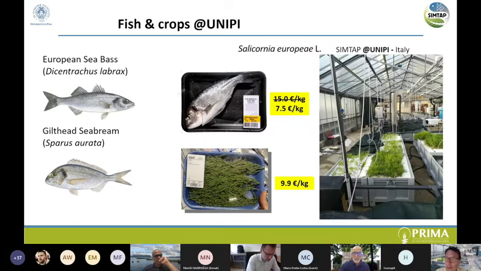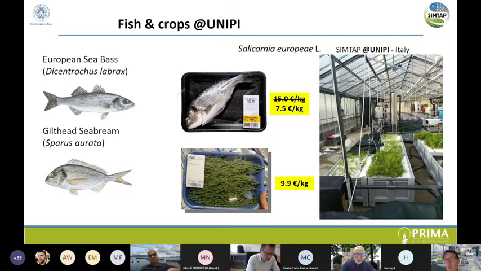Talking about other aspects of our system, of course, the aim of the system is rearing fish, producing fish for the market, but at the same time we can produce a crop. In this case it is Salicornia and Ulva rigida, but I'm going to talk about Salicornia.